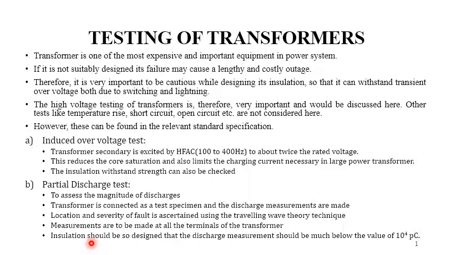Under the application of power frequency voltage, discharge magnitudes greater than around 10 to the power of 4 picocoulomb are considered more severe, and the transformer insulation should be such that the discharge magnitude will be far below this value. So this is the partial discharge test measurement.